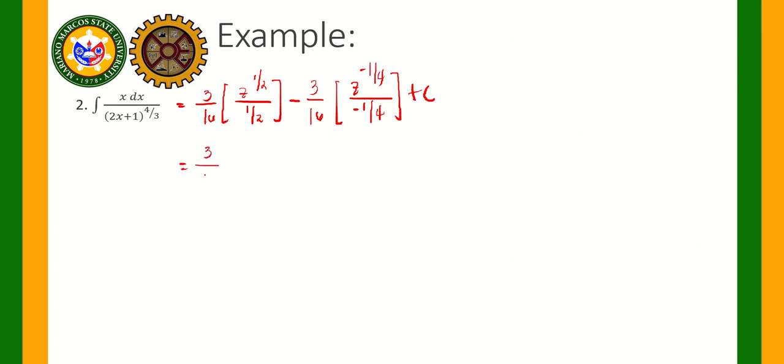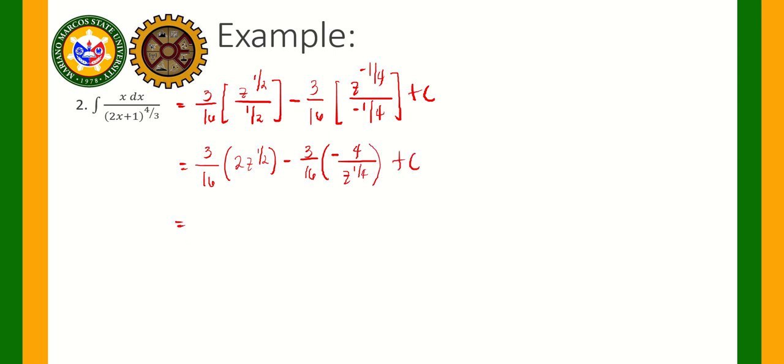So, simplify na tayo. This will be equal to 3 over 16 times 2z raised to 1/2 minus 3 over 16 times negative siya. So, negative 4 all over. Since negative yung exponent niya, pwede natin siyang ibaba para maging positive. So, this will be equal to 4 over z raised to 1 over 4 plus c.